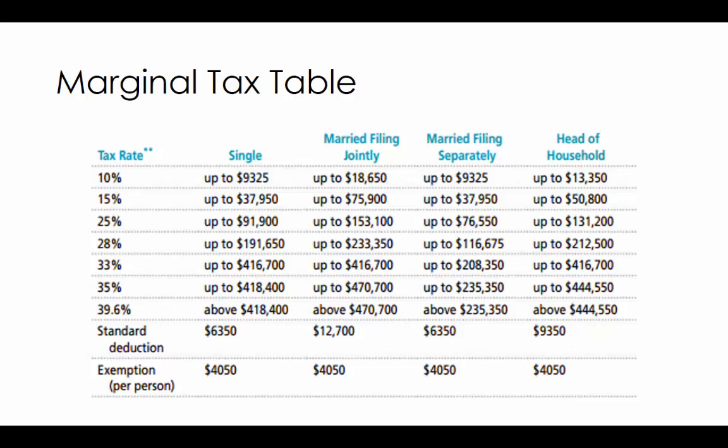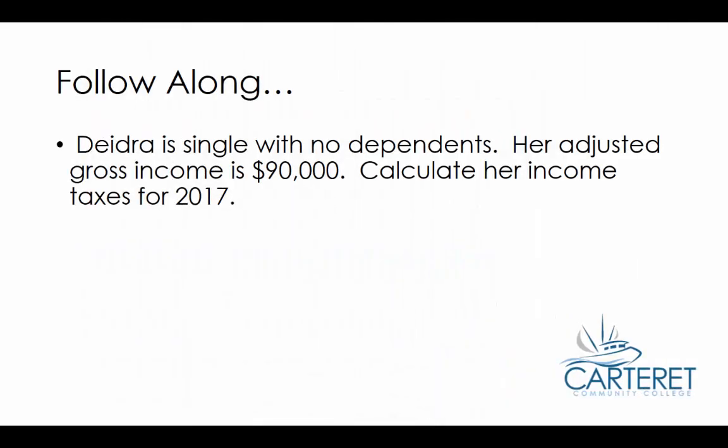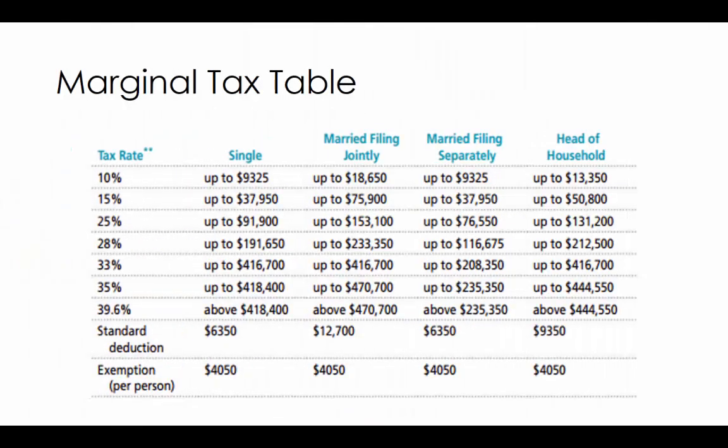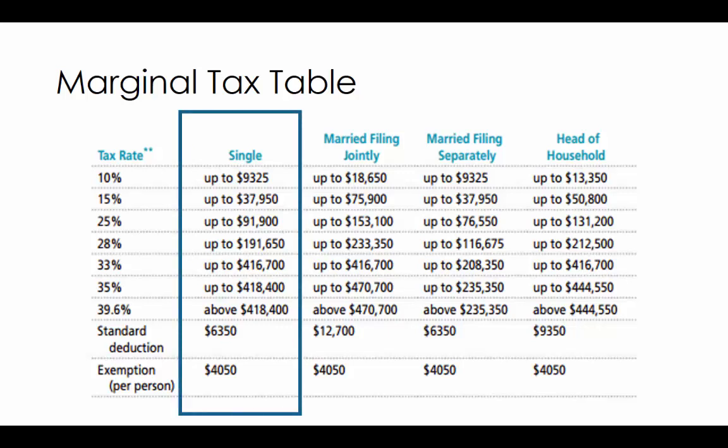Let's take a look at an example. Deidre is single with no dependents. Her adjusted gross income is $90,000. Calculate her income taxes for 2017. Since Deidre is single, she has no dependents and makes no mention of itemizing her deductions. We will assume she claims only one exemption for herself and claims the standard deduction for a person filing as single.